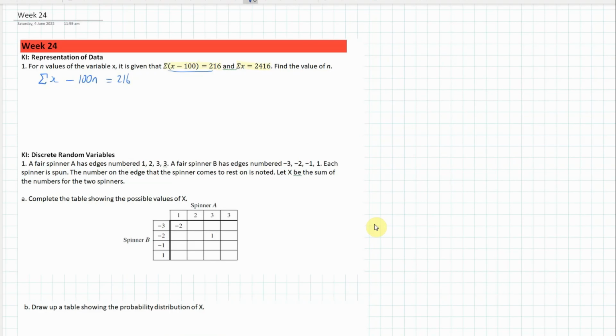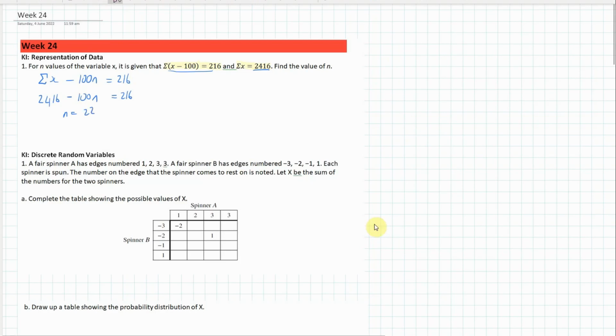Now we happen to know that the sum of x is equal to 2416. So 2416 minus 100n is equal to 216. We just do a little bit of rearranging here, and we get n is equal to 22.